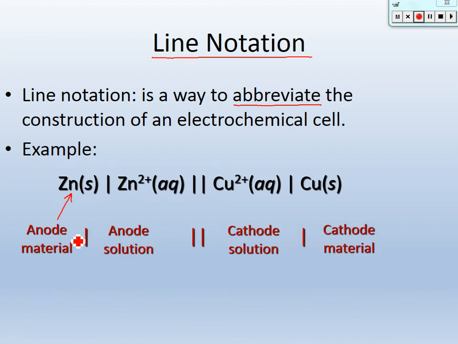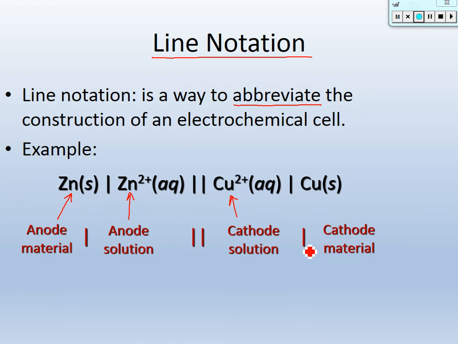This line separates the anode material from the anode solution. So this is going to be your anode solution, your electrolyte solution. The 2 lines separate the half reactions. So this is one half reaction, the anode half, and the 2 lines separate it from the cathode half. Okay, and then after the 2 lines you have your cathode solution.